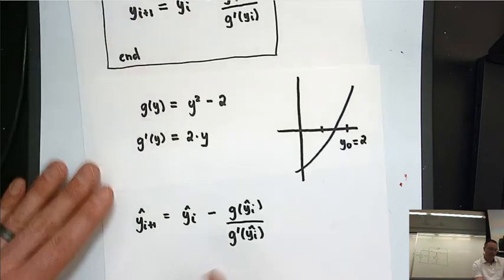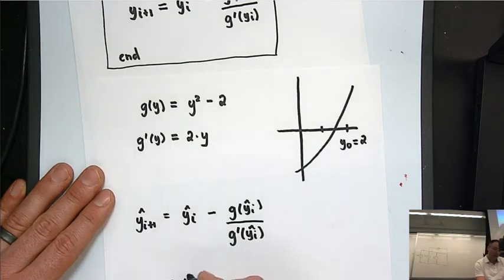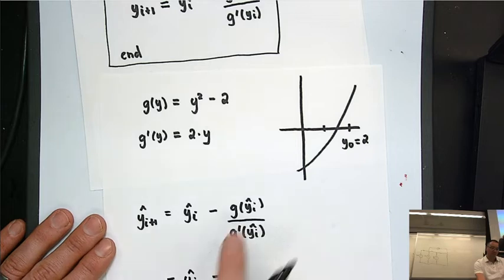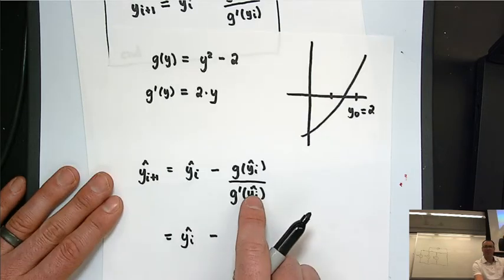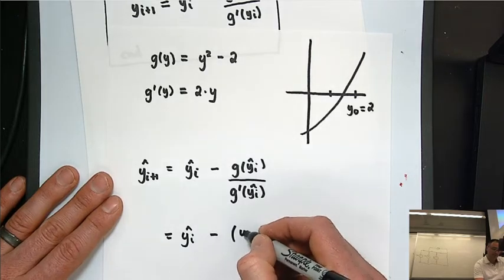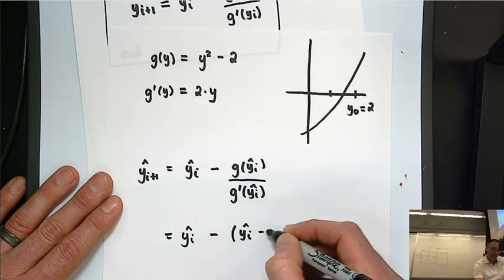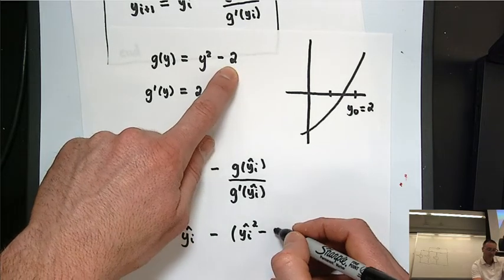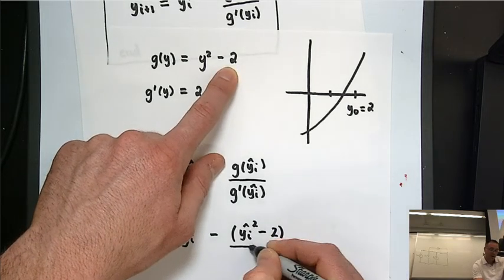Okay, let's go ahead and fill that out. So this would be y sub i, not sure what that is yet. What is g of our last guess? It's our last guess squared minus 2. How about on the bottom?